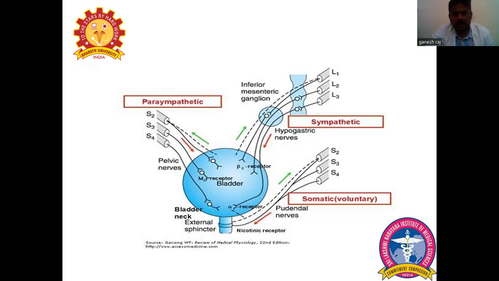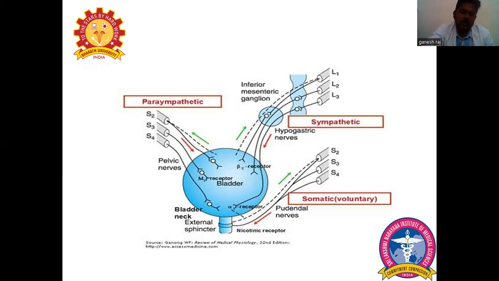So the pelvic motor nerve and hypogastric motor nerve supply the detrusor and internal urethral sphincter. The external urethral sphincter is made up of skeletal muscle, so it has to be supplied by a voluntary nerve, that is, a somatic motor nerve. It also comes through the S2, S3, S4 segment of the spinal cord, and this nerve is called the pudendal nerve. So all these three nerves are motor nerves.